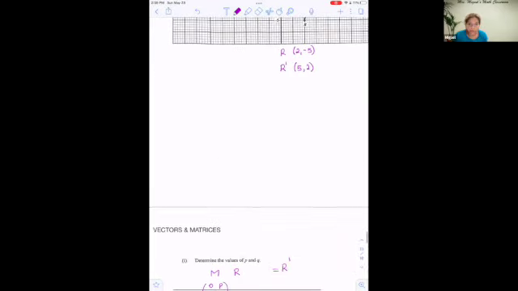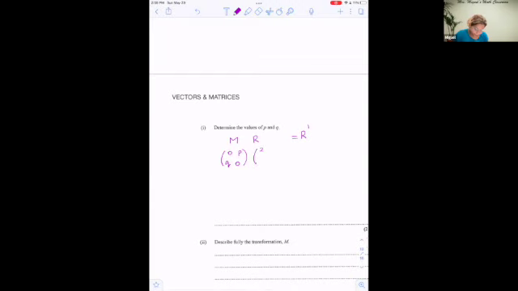You now give me the coordinates of R. 2, minus 5, and this will give me 5, 2. So I want you to multiply this by this for me and equate the coefficients. So multiply row 1 by column 1, multiply row 2 by column 2. Go ahead.